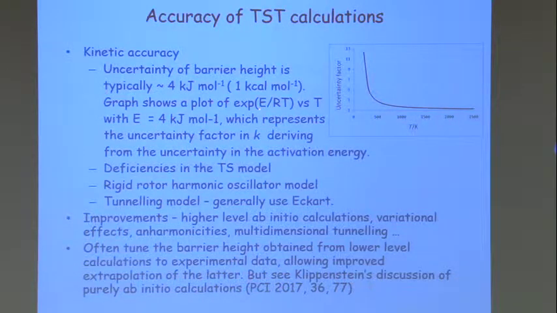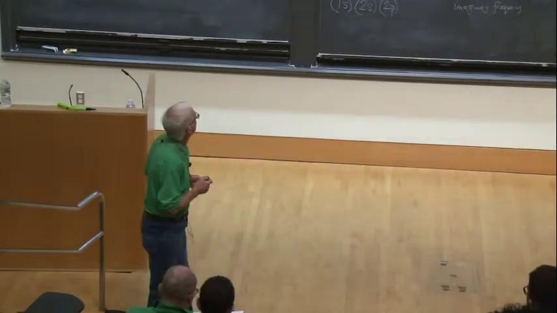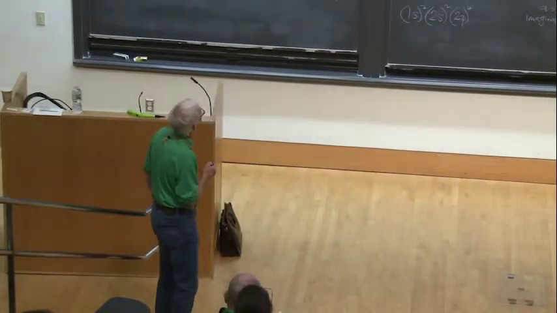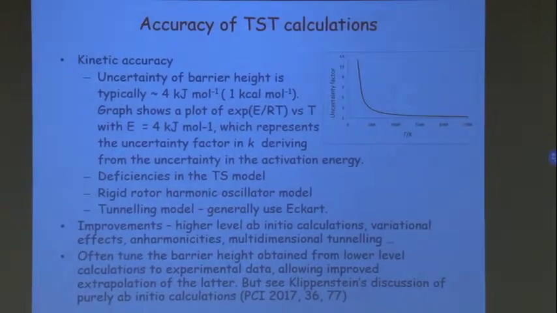And if we look at e to the 4 over RT as a function of temperature, you can see that at temperatures above about 500 K, it's not having a desperately strong effect. But lower down, it is because of the 1 over T term. So at low energies in atmospheric calculations, this uncertainty is really quite important. But it's getting less and less important as you get up to combustion temperatures.